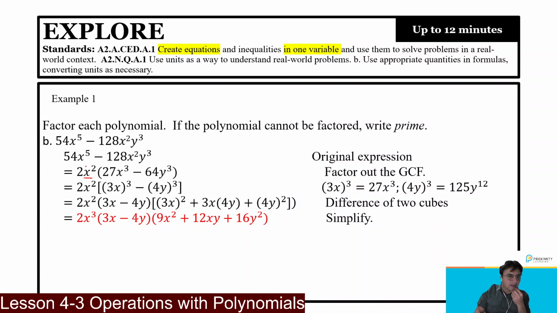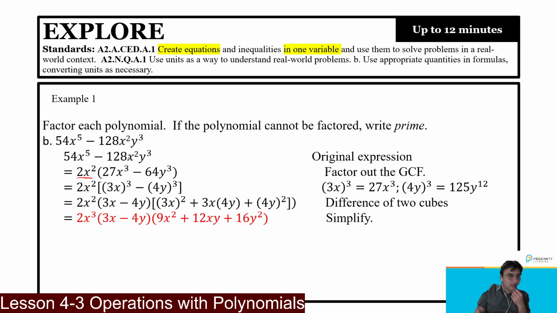Alright, well, what else can we take out? Is there a number that goes into 54 and 128? Well, let's see. 2 is the only number that goes into 54 and 128, so we factor out a 2. 2 goes into 54 27 times. If I take out an x squared, I'm left with x cubed, since 2 plus 3 is 5.